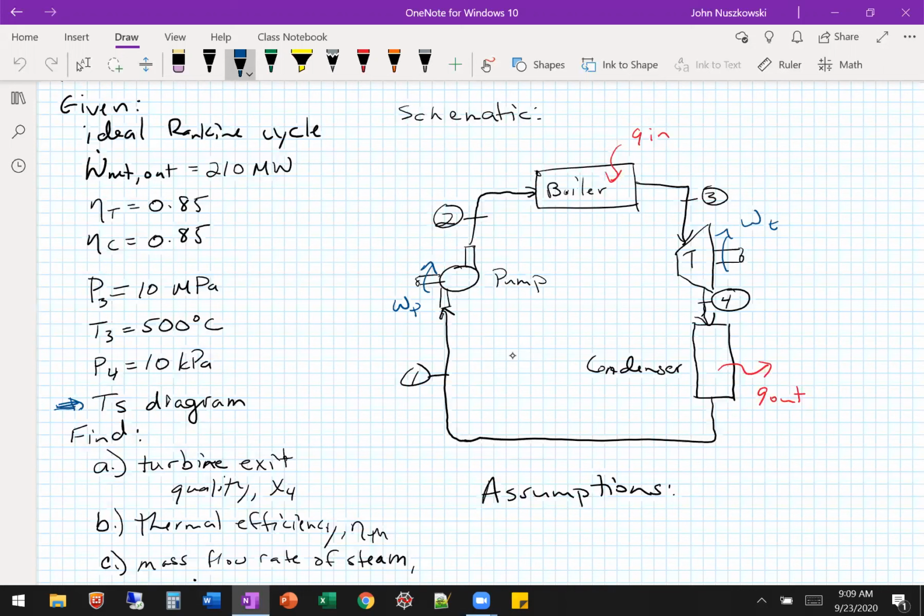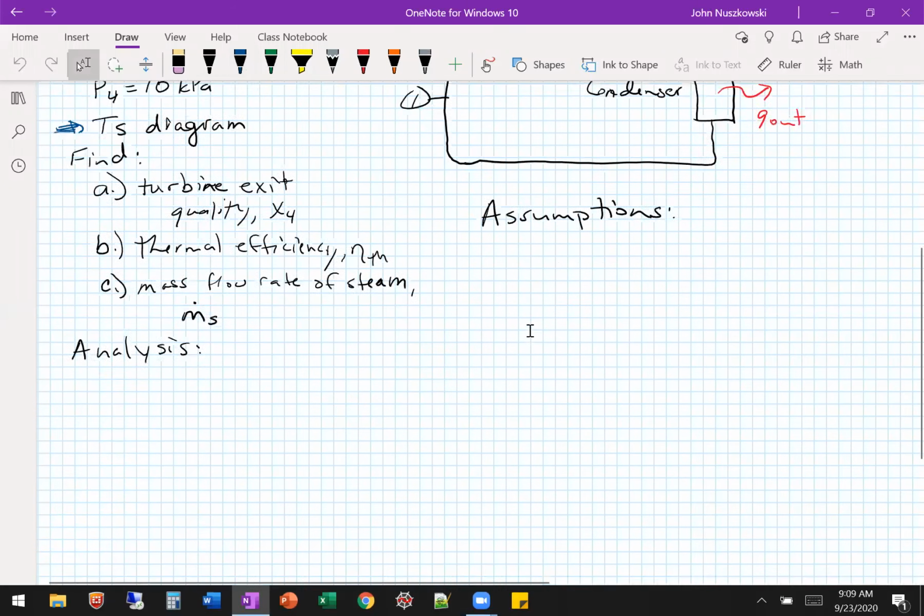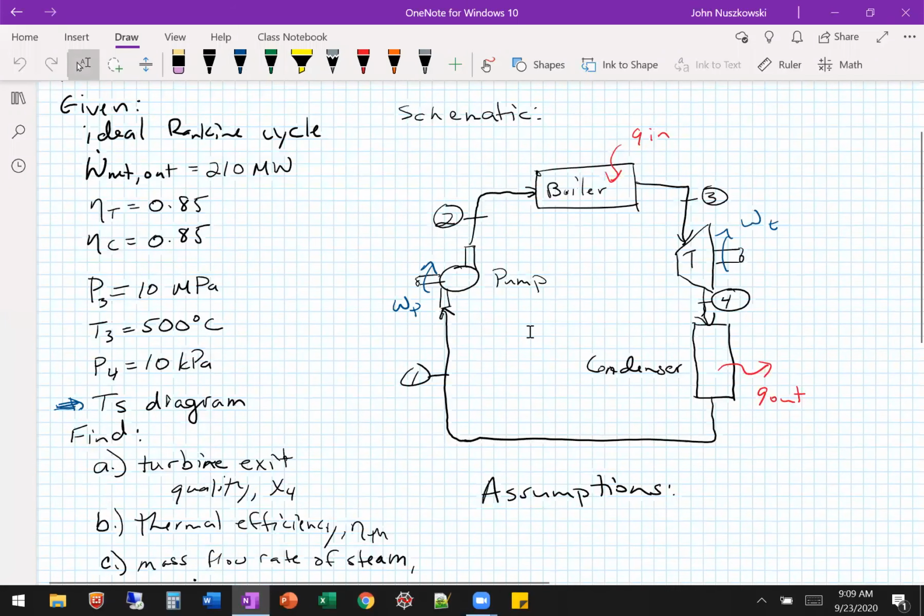Because we're heating it while we're changing phase, so that's why we call it a boiler, but it's just a specific type of heat exchanger. And we still have a turbine, right? And then we're condensing, so we're again heat exchanging, but we're rejecting heat, so we're changing phase in the condenser. Okay, so the layout or the schematic from the Rankine cycle to the Brayton cycle is very similar.